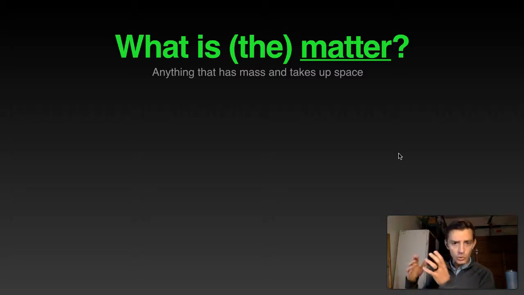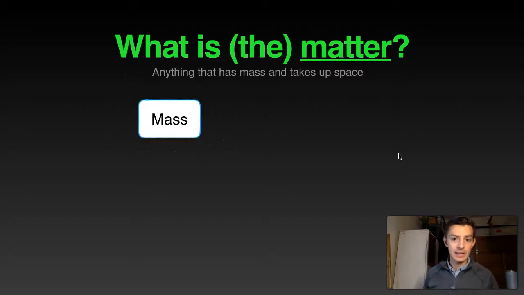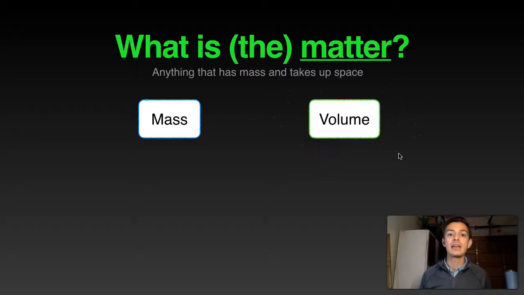Well, we're going to talk briefly, before we talk about volume, about matter and about mass. The first thing to discuss here is that matter is anything that has mass and takes up space. So what is matter? Matter takes up space and it has mass. So there's the two components there, mass and volume.